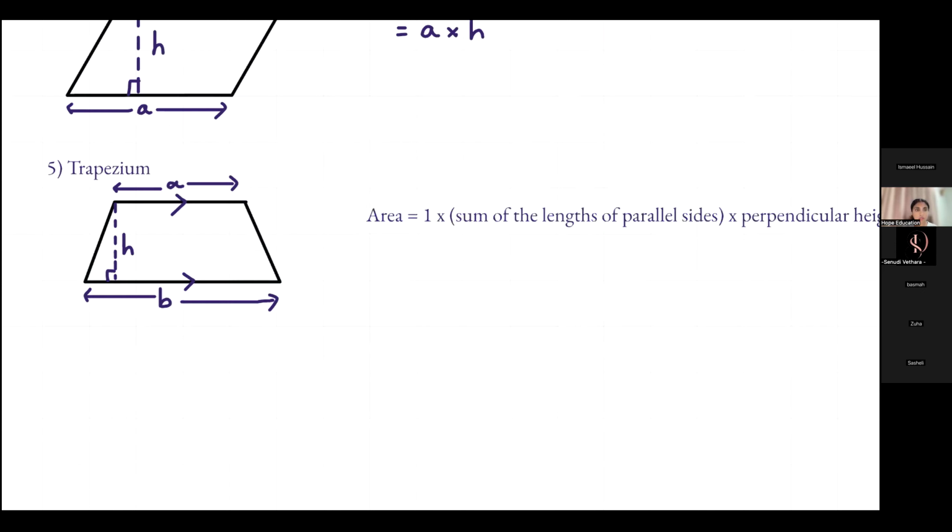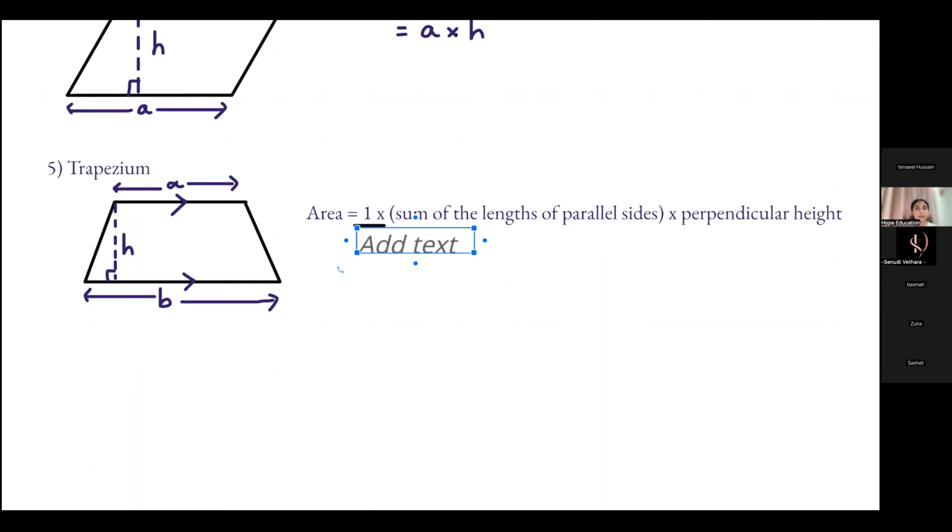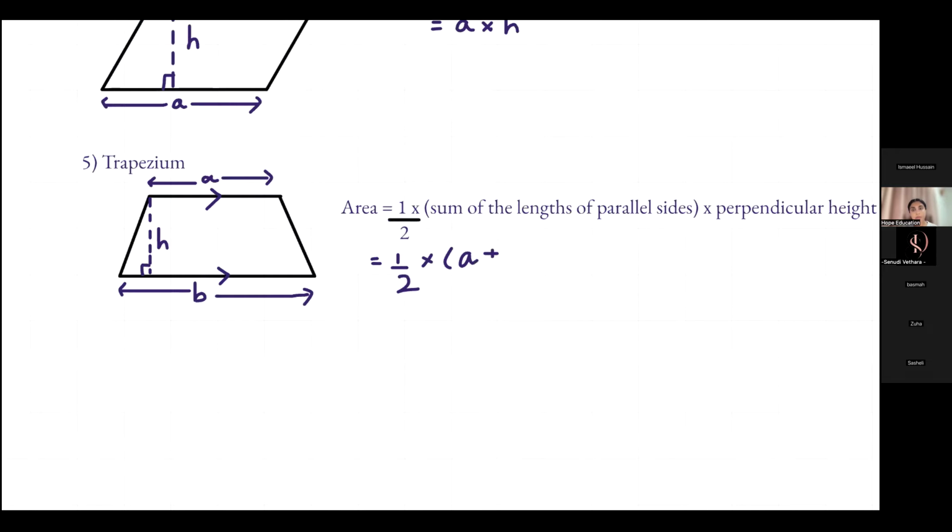So here, half into the sum of the parallel sides A and B, so it's A plus B, multiplied by perpendicular height H.